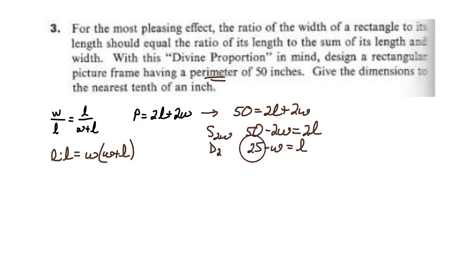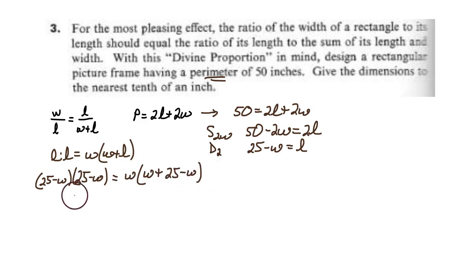This expression, 25 minus W, can be substituted in place of the letter L. So if we go over to this equation that we had started to write, every time we see an L, we can fill in 25 minus W. Then do some simplifying on this.